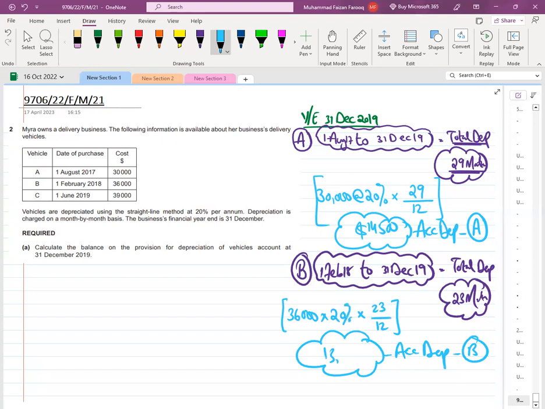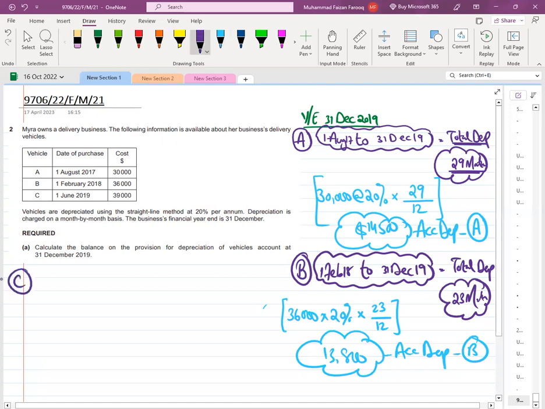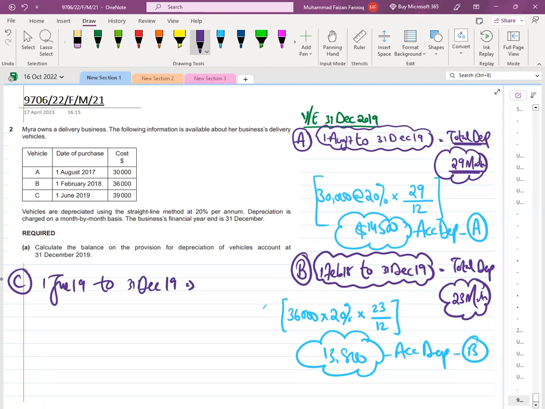Very good. The last one, vehicle C. We bought it on 1st June 2019, and year end is December 19. How many months? 7 months.